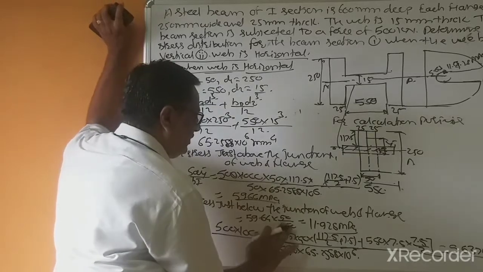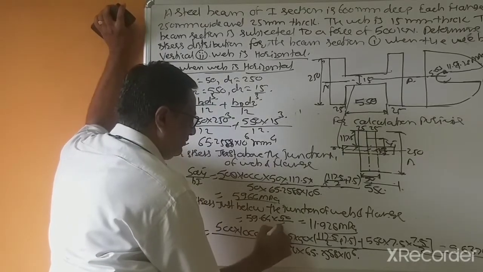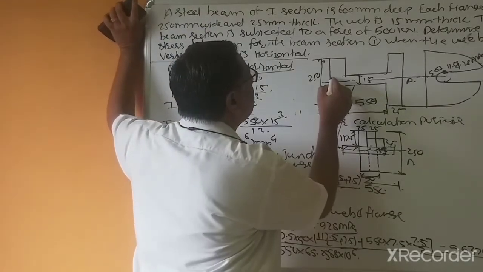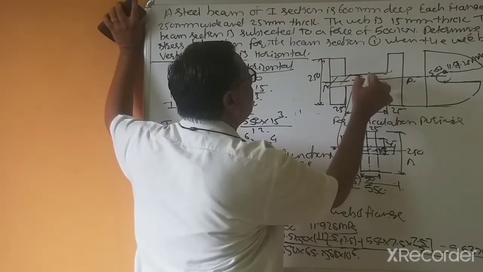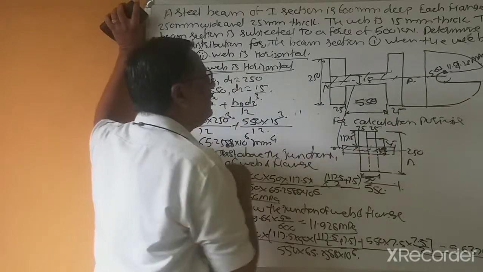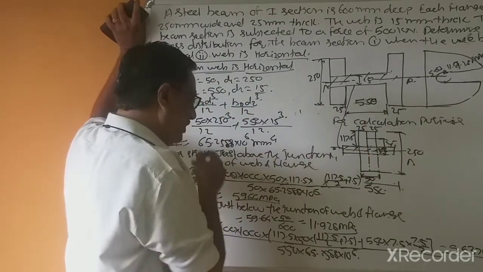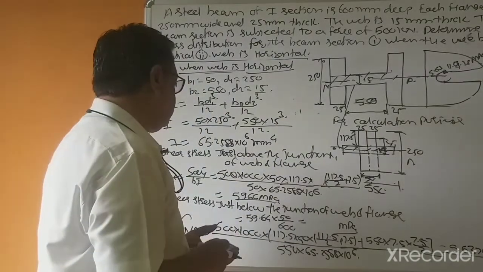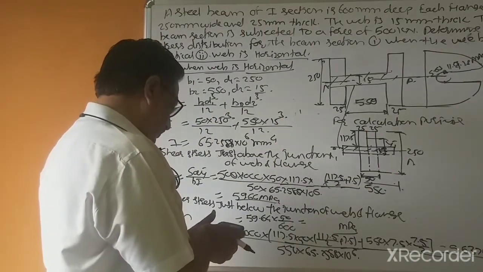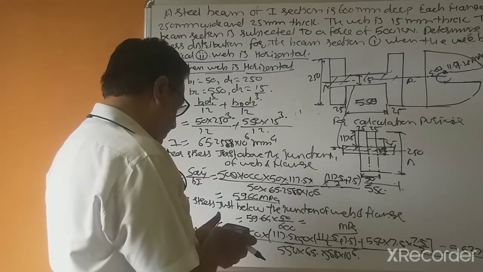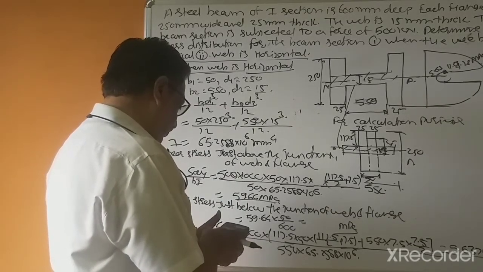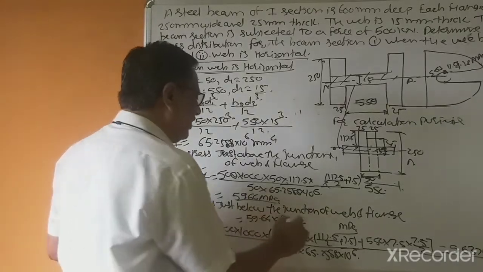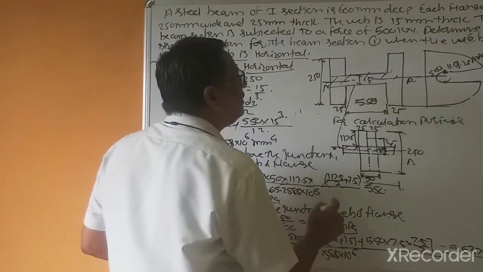This is the total, this is the web, because we cut this, so that's why this is 600. So 59.64 multiplied by 50 divided by 600. So this is 4.97. So this is correct.